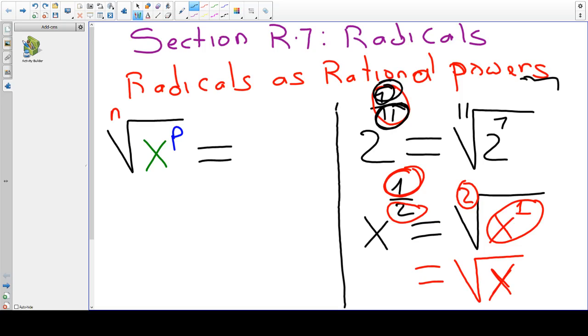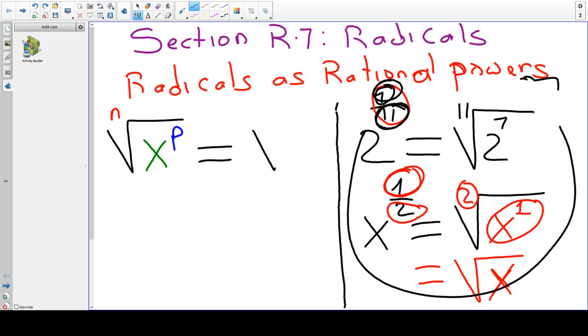But before I show you how to write it as a fractional power, as we did on the right hand side here, I'm going to make a little remark here.